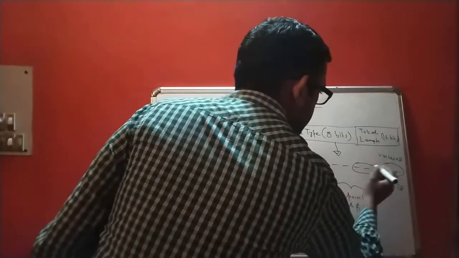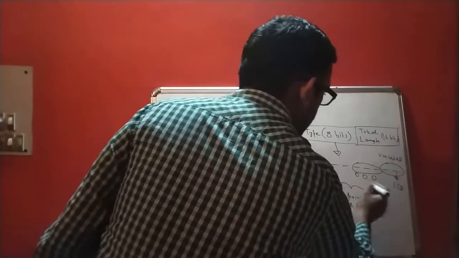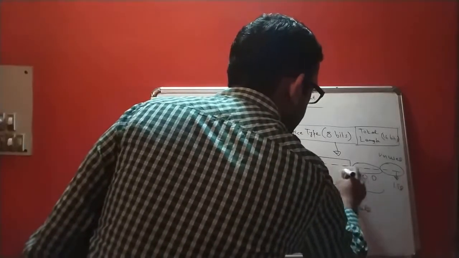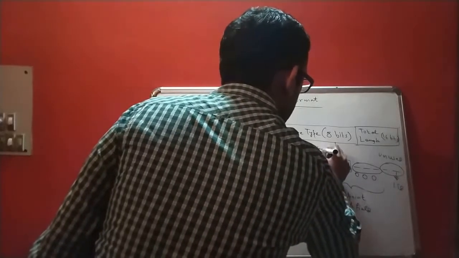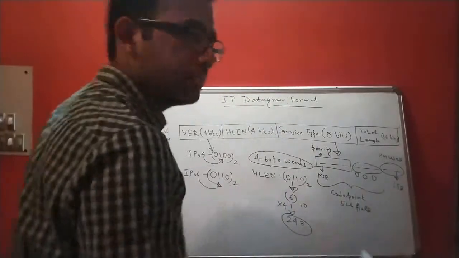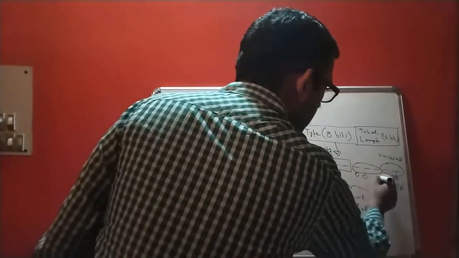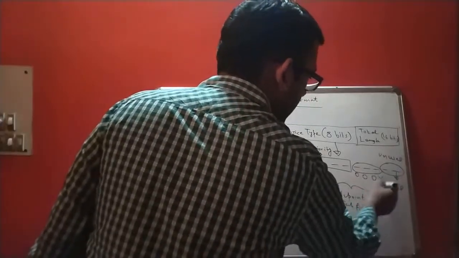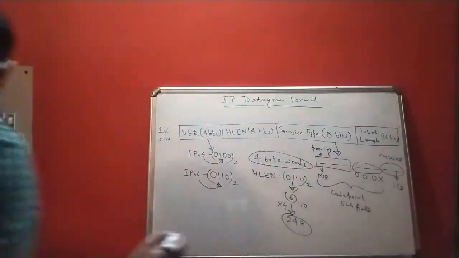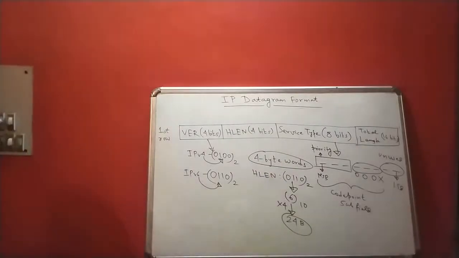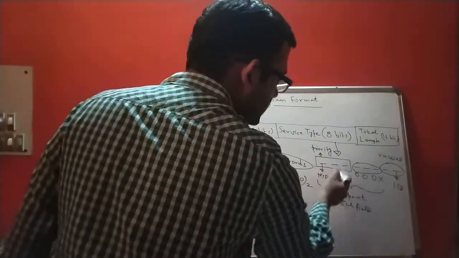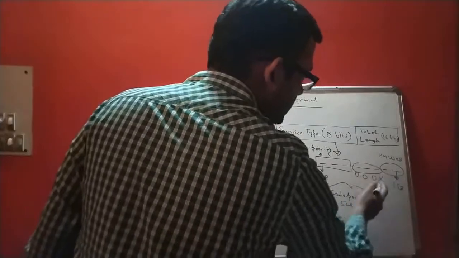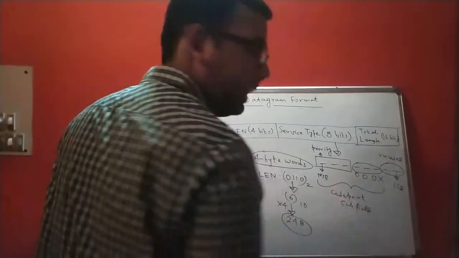If the rightmost 3 bits happen to be all zeros, then the remaining 3 bits define the priority of the datagram packet that is being transmitted. And if these 3 bits are not all zeros, then these 3 bits define a particular format.